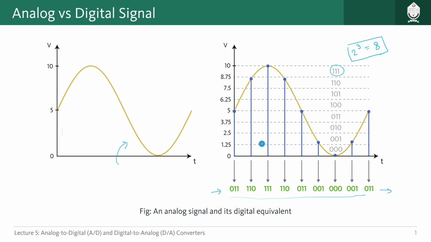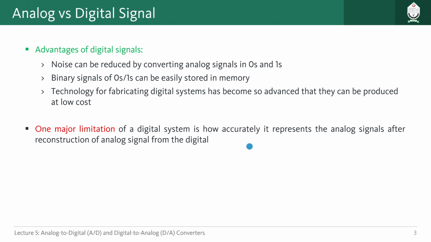So obviously we are going to lose some information, but we have to be careful that the interval we have for sampling and also the number of quantized states should be high enough so that we are not losing valuable information from our analog signal, right? But this is one of the limitations of digital systems. We cannot be 100% confident in converting the analog signal into its digital version. There will be some losses.